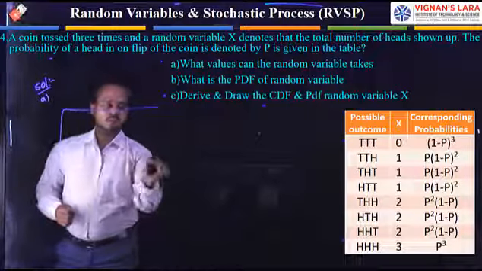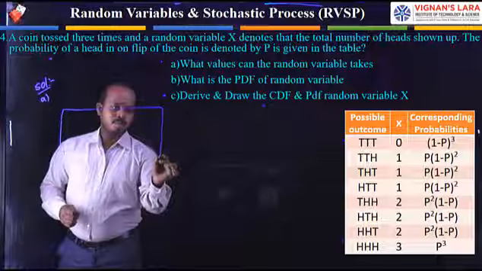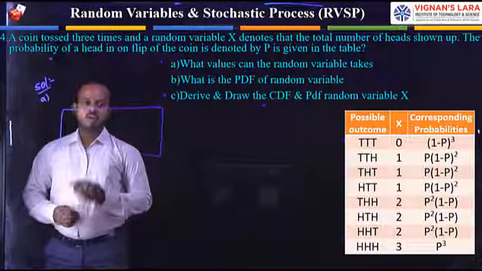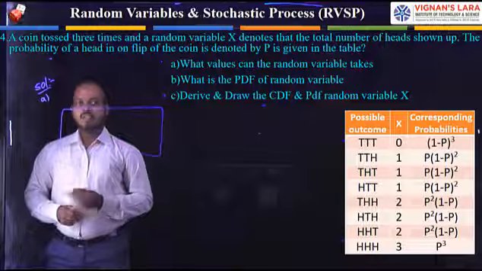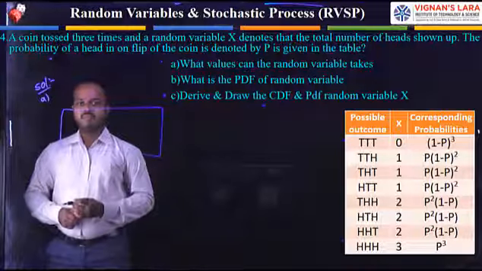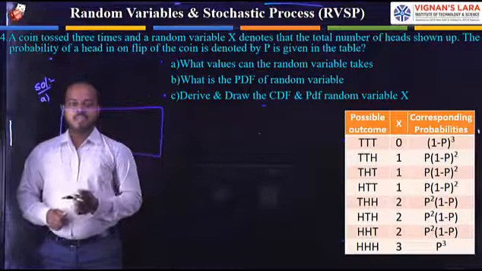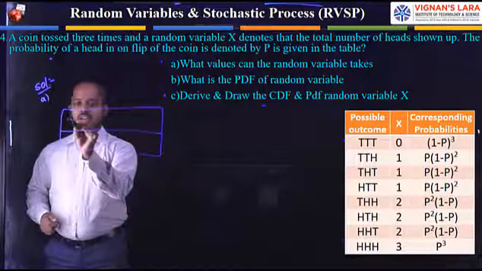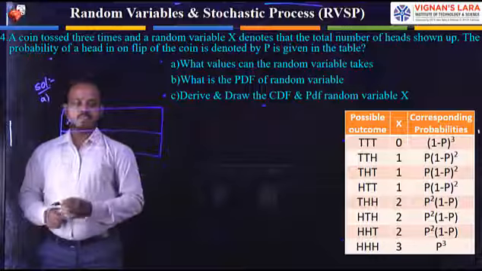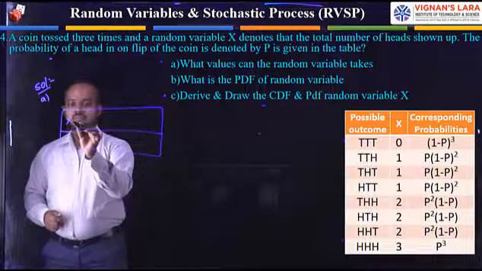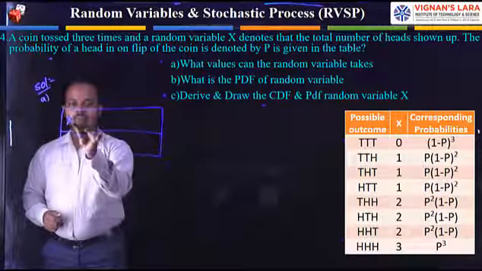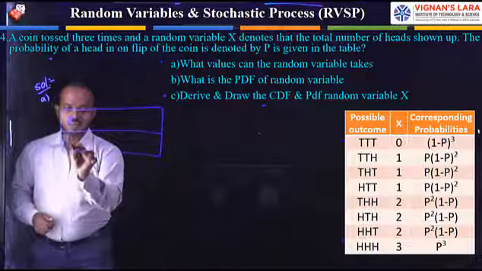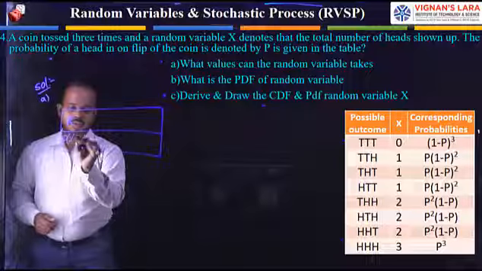In the tabular form, I am representing the elements and the corresponding probabilities. First one is elements x, small x or capital X, and the corresponding probabilities is probability of x.